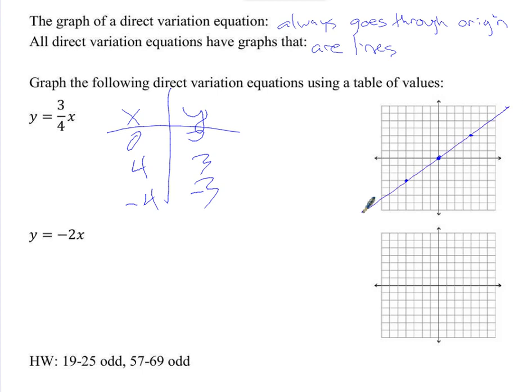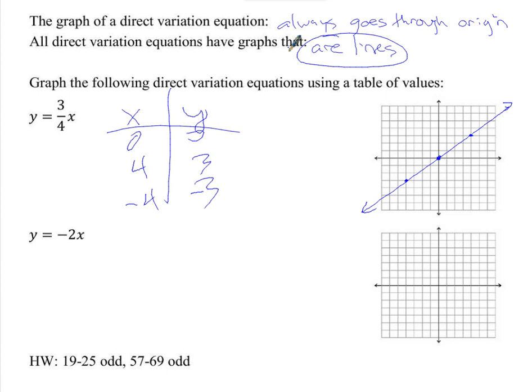Which means you're going to need to have a ruler or something that is straight, like the side of your planner, your driver's license, a credit card, anything that is straight. I need to see straight lines. If it's not straight, it's not a line. And all direct variation equations are lines when you graph them.